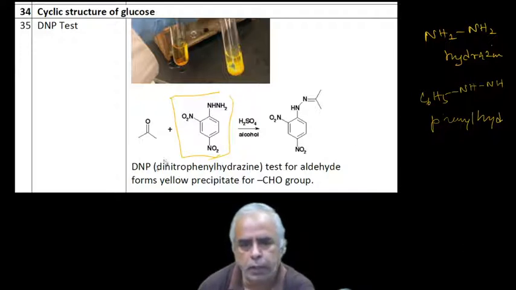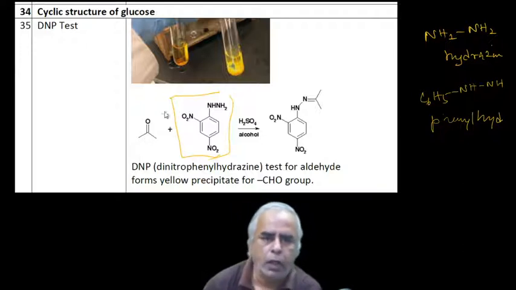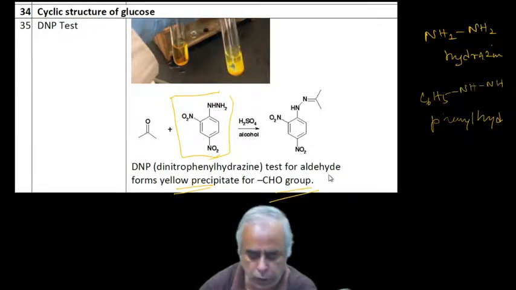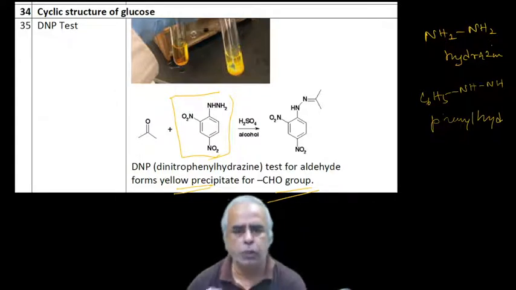Got it clear? So when DNP is treated with any such kind of carbonyl group, we are able to get a yellow precipitate. It indicates the presence of the CHO group. Please note down this.